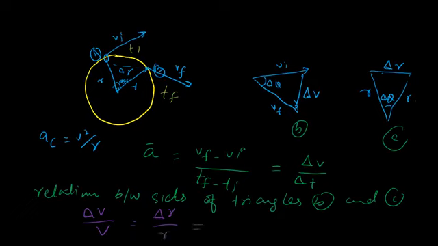From here, delta v will be equal to v over r into delta r. This is our equation 1.